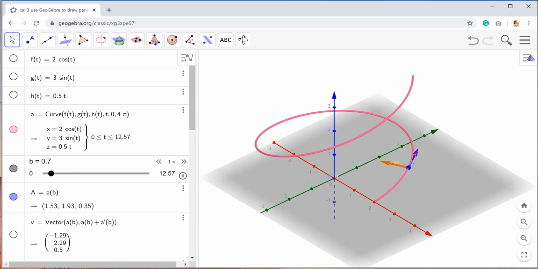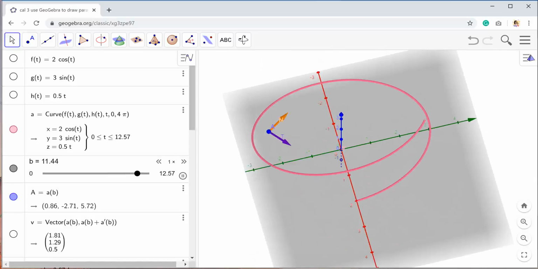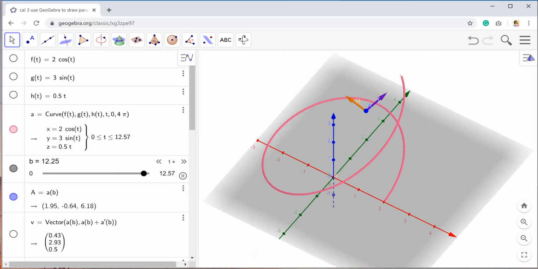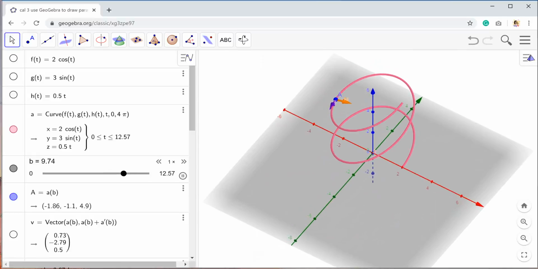See, when we let B go around, you can see we have the unit tangent vector and the principal unit normal vector. They are always orthogonal to each other, and they are unit vectors. And yes, we can play around with it. Furthermore, we can also change the functions to be any other function.